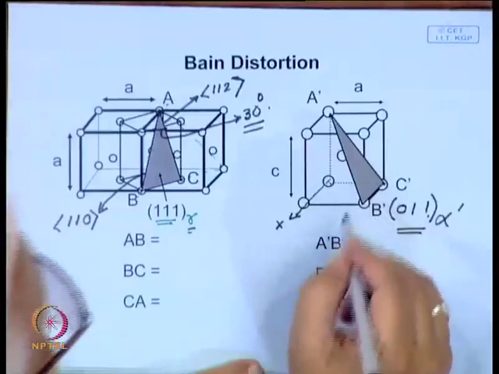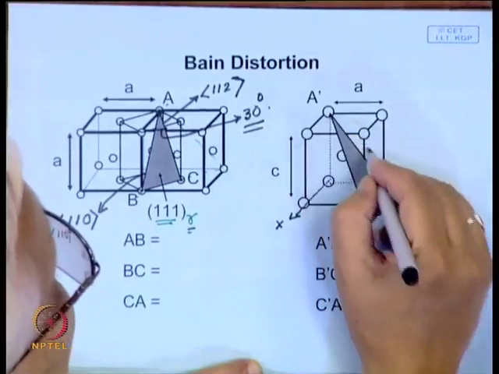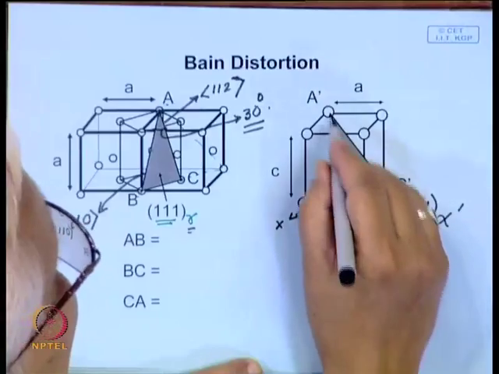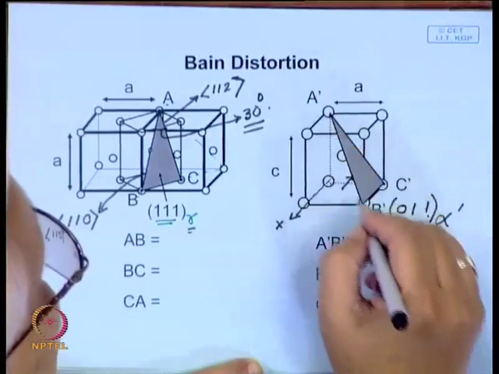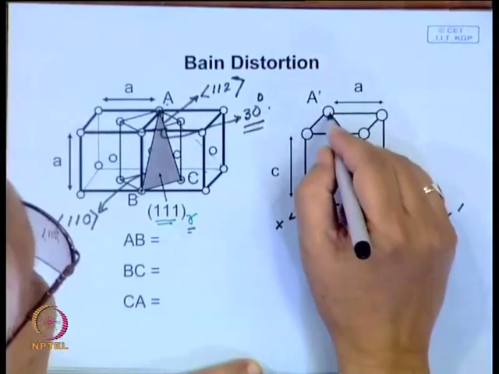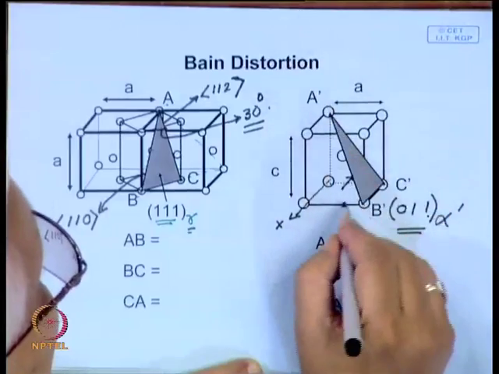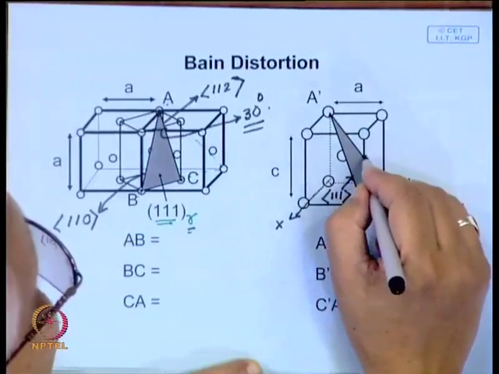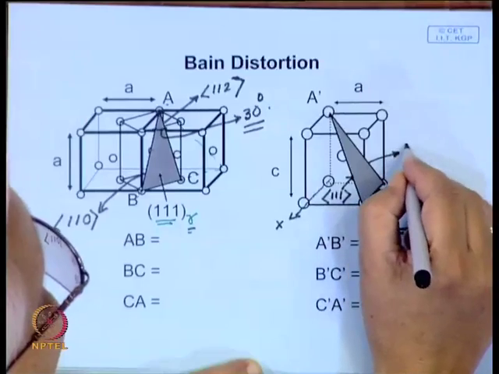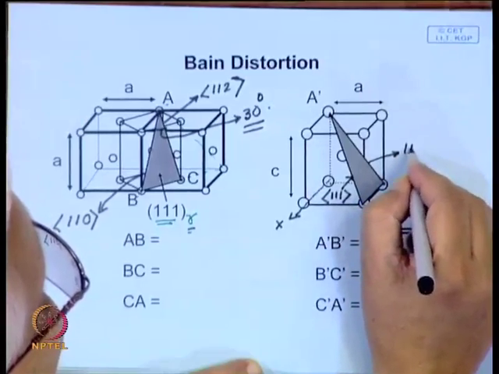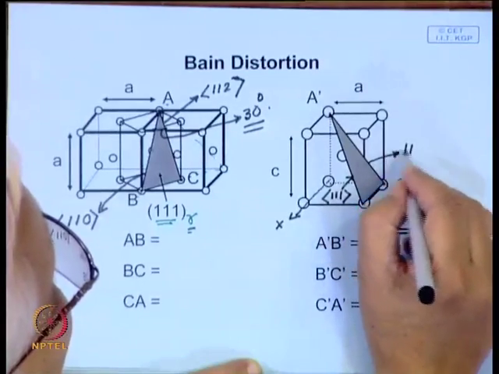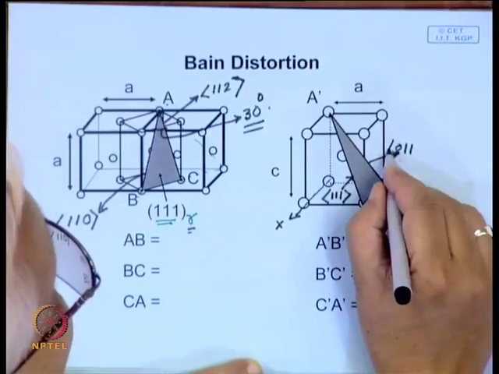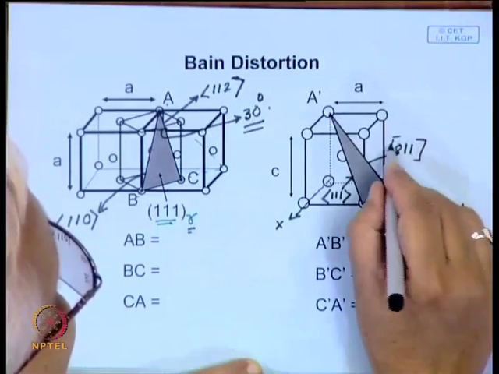Same thing you do over here, find out this. What is this? These are two diagonally placed points joined. So, this is a 1 1 1 type direction, whereas this is a 0 1 1 direction.